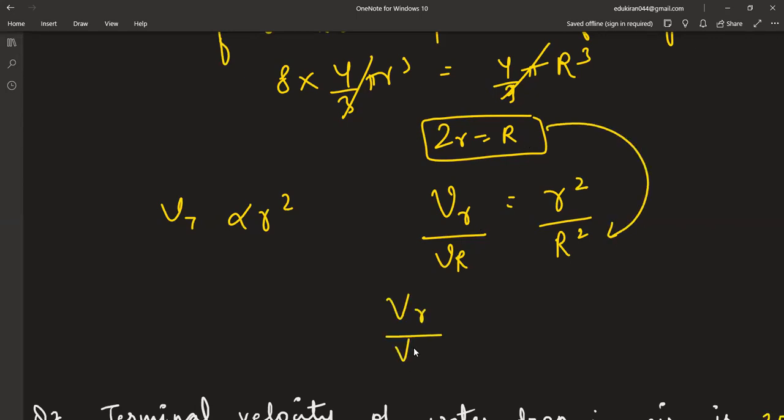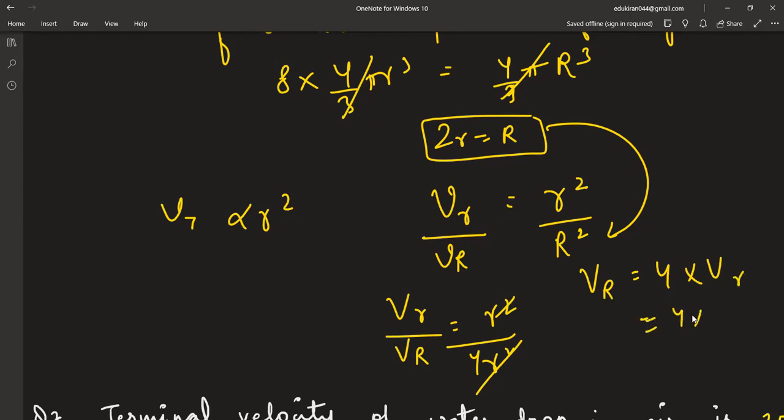So V small r by V capital R, this becomes r square by 4r square, r square, r square cancelled. So the bigger terminal velocity is 4 times the smaller one, that is 4 times 100, so this is 400 meter per second.